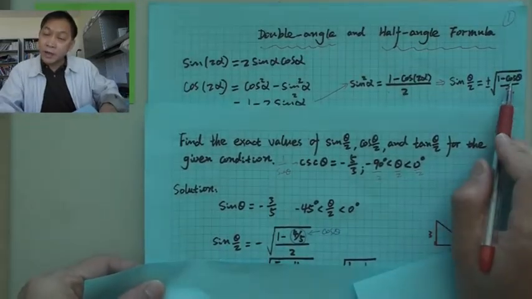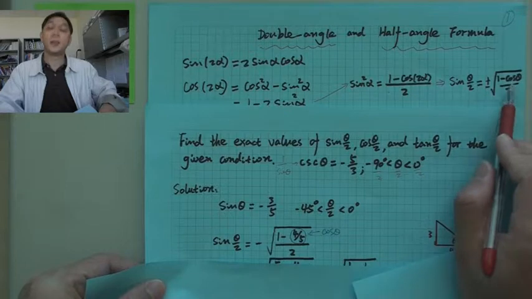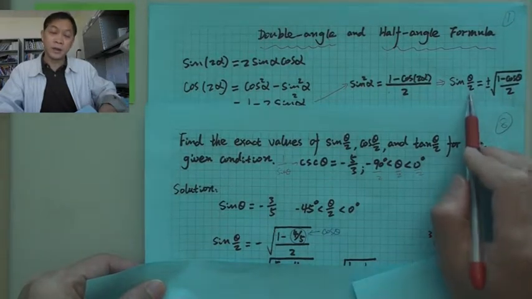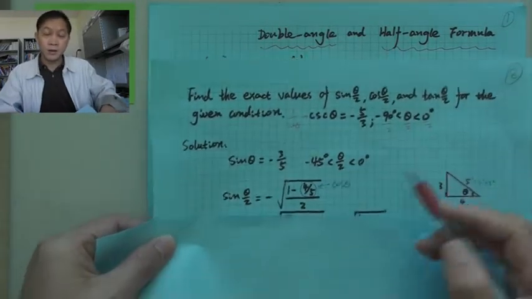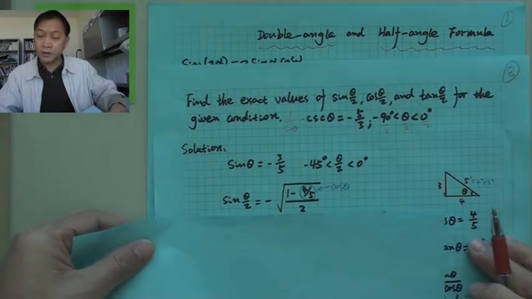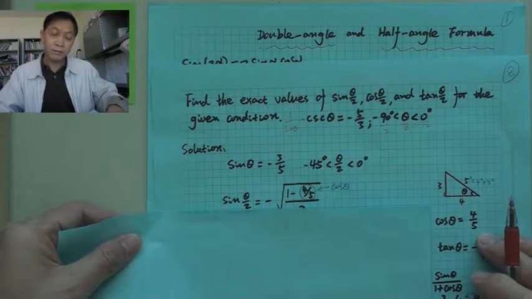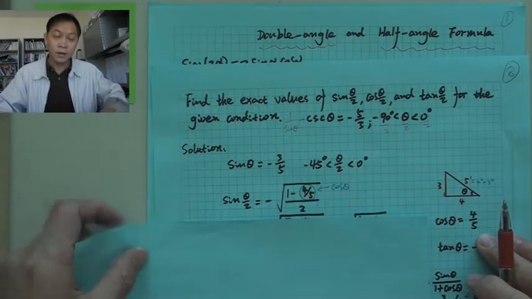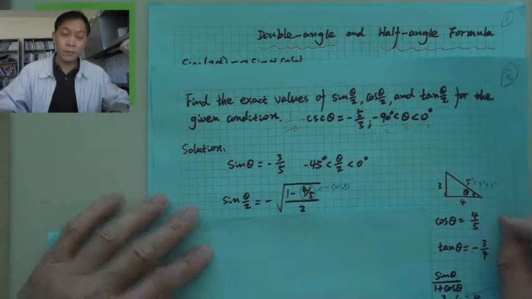Minus cosine theta divided by 2 is sine. So here, minus cosine theta. Cosine theta is 4 over 5.